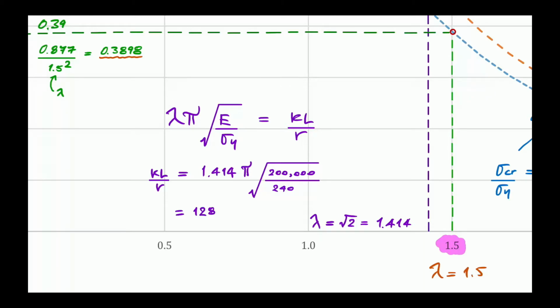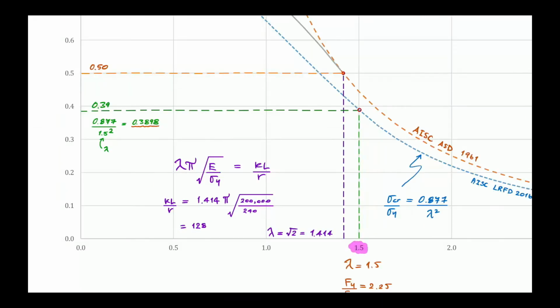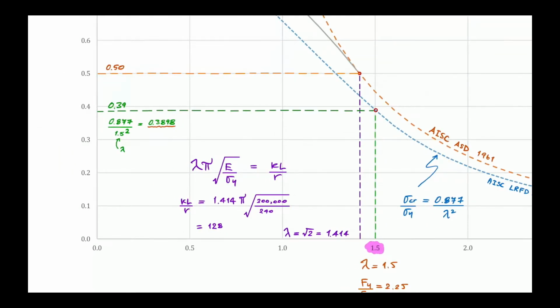The lambda value at the 0.5 stress ratio is equal to the square root of 2, so 1.414 is substituted in, and then pi and the square root of 200,000 megapascal divided by 240 megapascal. Alright, the units cancel out, and then you end up with the KL over R ratio being 128.